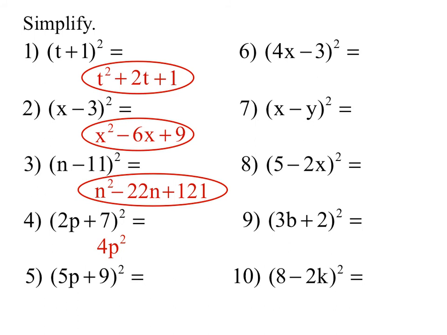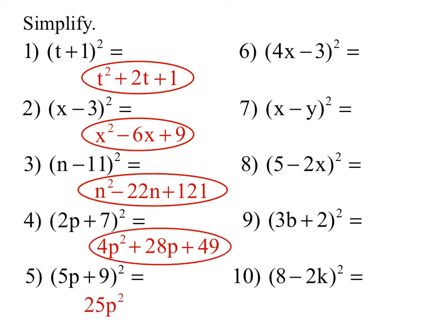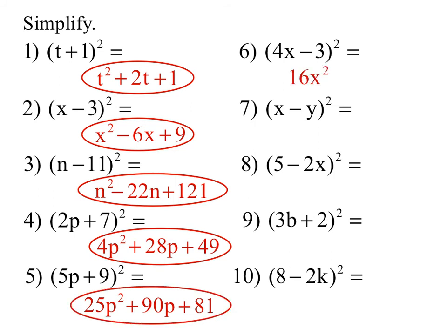Plus 28p for my linear term. And positive 7 times positive 7 is 49. Number 5, 25p squared plus 90p plus 81. Number 6, 16x squared minus 24x plus 9.